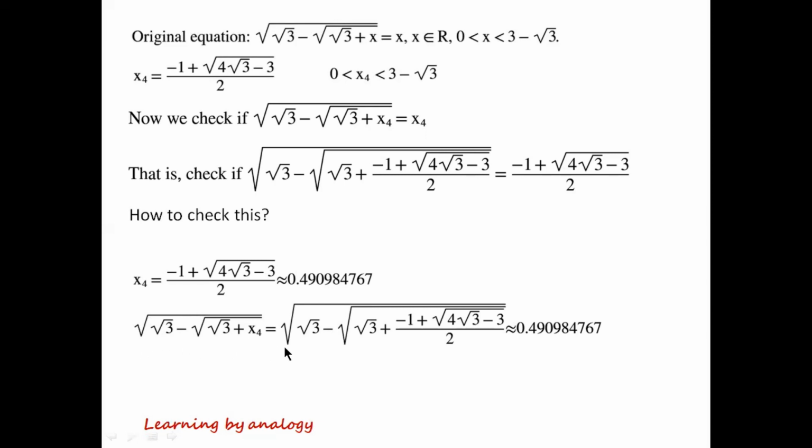Root of root 3 minus root of root 3 plus x4 equals root of root 3 minus root of root 3 plus minus 1 plus root of 4 root 3 minus 3 over 2, which is approximately equal to 0.49098476.